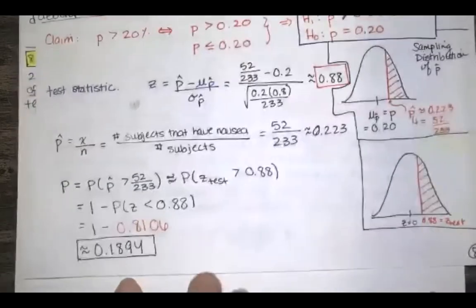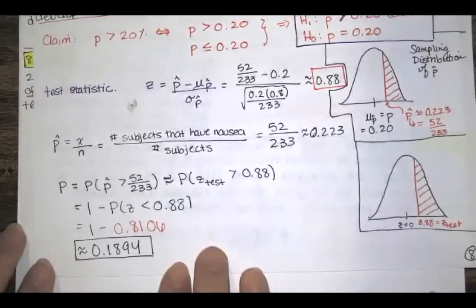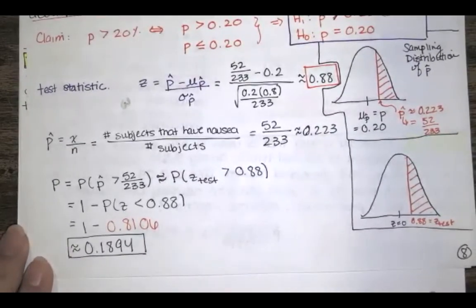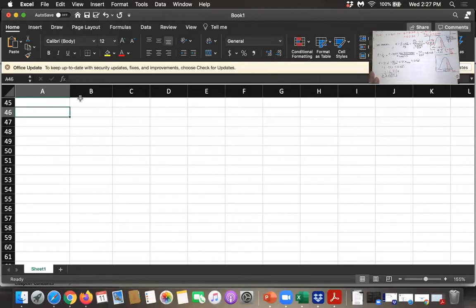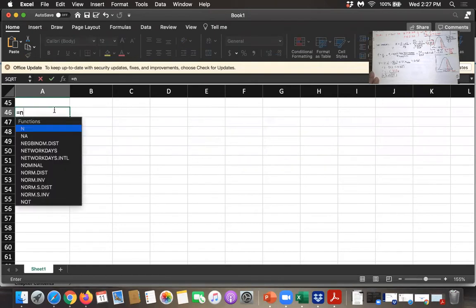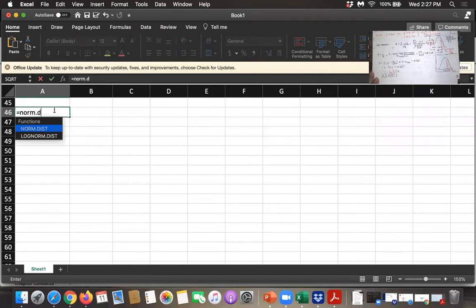We could have also found that p-value using Excel. So let me show you how to do that in Excel. So in Excel, I would find the area to the left of z equals 0.88 in my standard normal distribution this way. I type equals NORM.DIST for normal distribution.